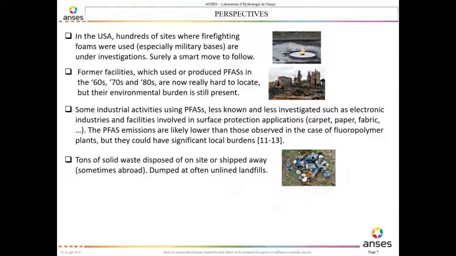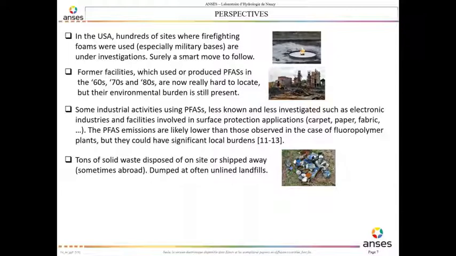Moreover, many companies dumped the solid waste and sludge from their PFAS manufacturing facilities into landfills. Throughout the world, we now have many examples of these landfills leaching into groundwater and entering the environment.